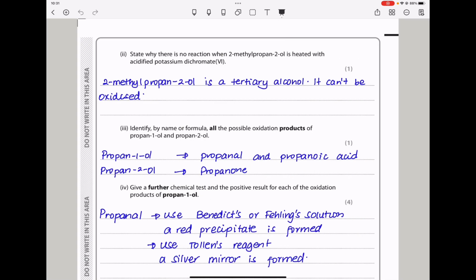Moving on. Here they say, state why there is no reaction when 2-methylpropan-2-ol is heated with acidified potassium dichromate. This is because 2-methylpropan-2-ol is a tertiary alcohol, so it cannot be oxidized. That is why there will be no observable change.